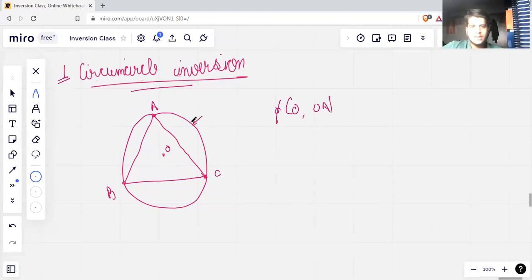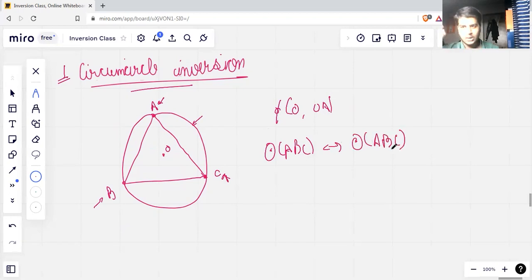How is this nice? A goes to itself, B goes to itself, because all of these are points lying on the circle of inversion, and C goes to itself. So circle ABC goes to itself, and everything just moves around this thing. So it's nice enough when you have a circumcircle.